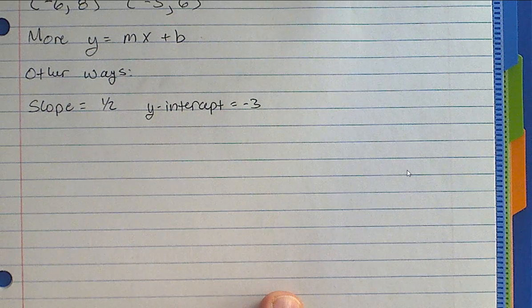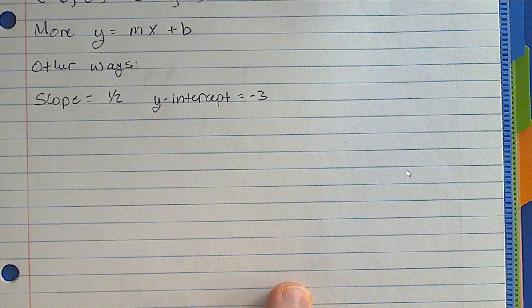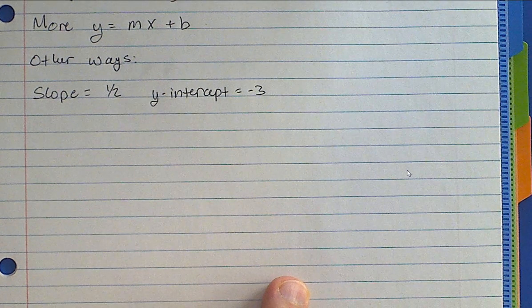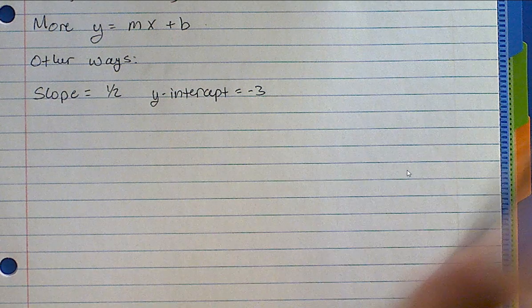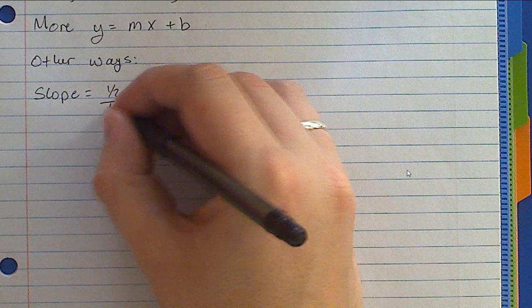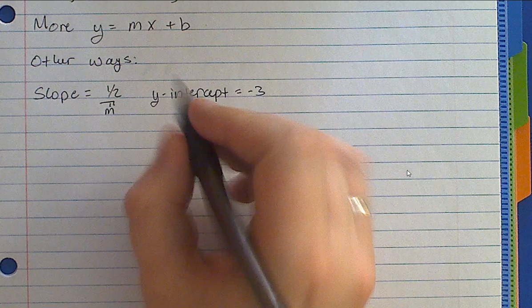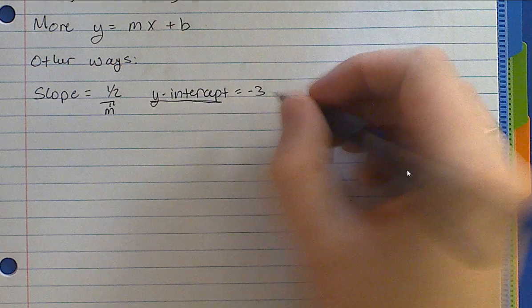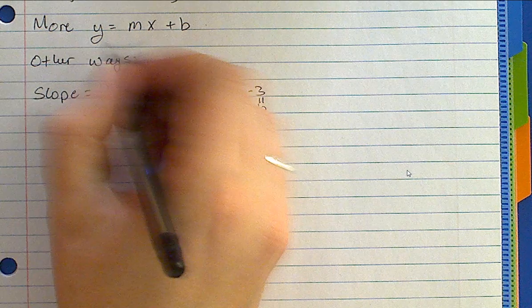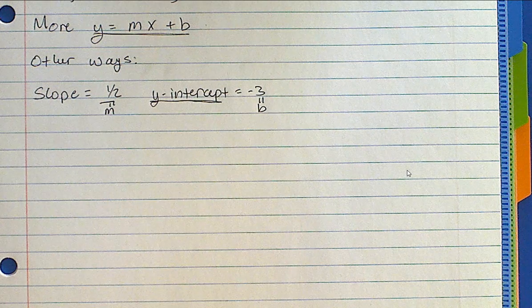If you see one of these questions on a test or a quiz, there's absolutely no reason for you not to get it correct. The way that you do that is the slope goes in for m, and the y-intercept goes in for b, into this equation, y equals mx plus b.